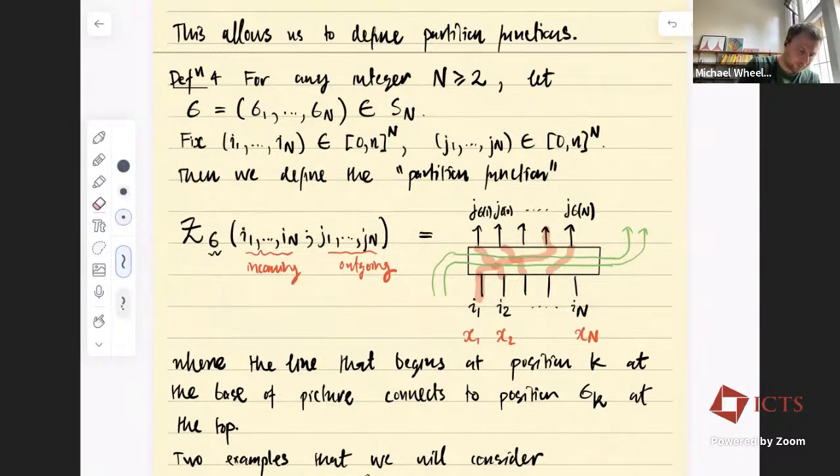But sorry, that's just a typo. Yeah. So let me correct it. So it should be like this. Yeah. So if I read what you wrote below the diagram, I should also find sigma of 1 at the end of the red line that starts at I1. So I'm not sure where is J of sigma 1.